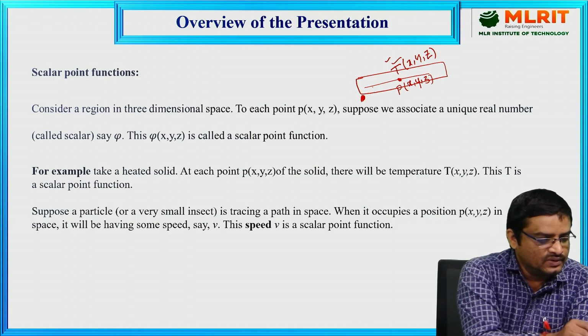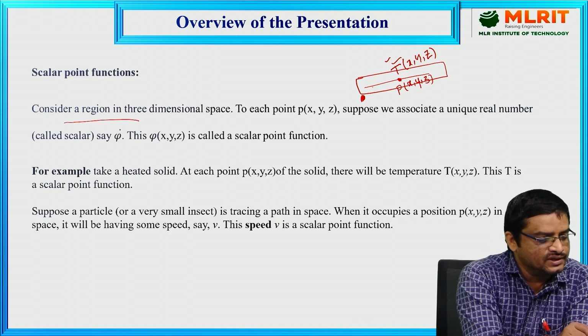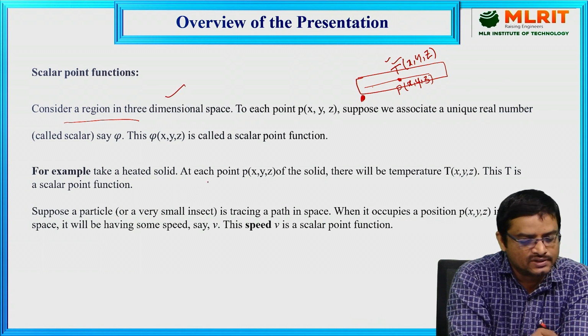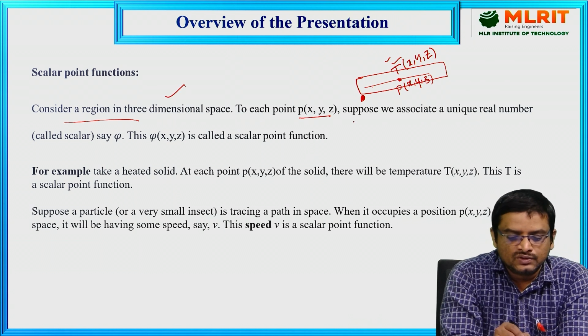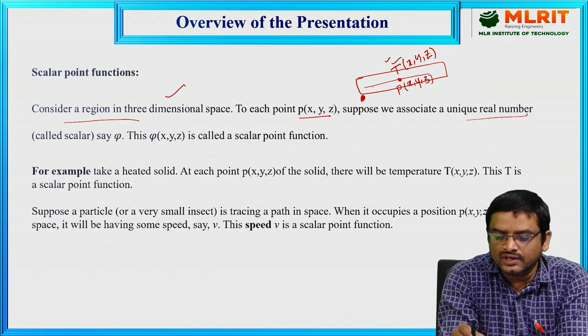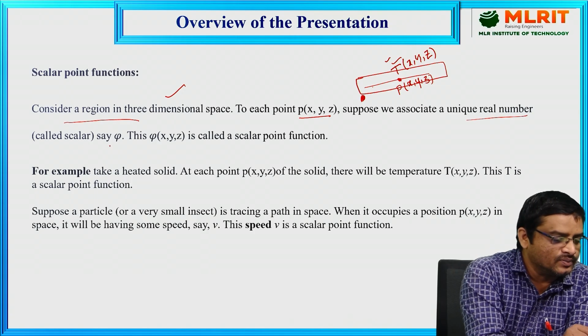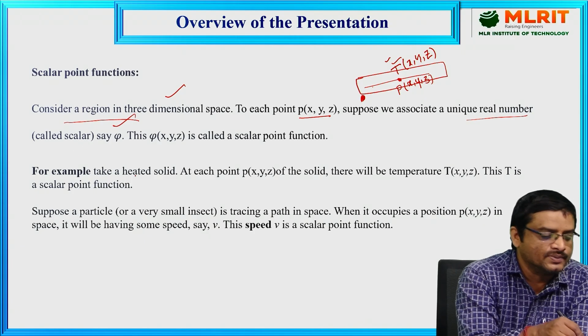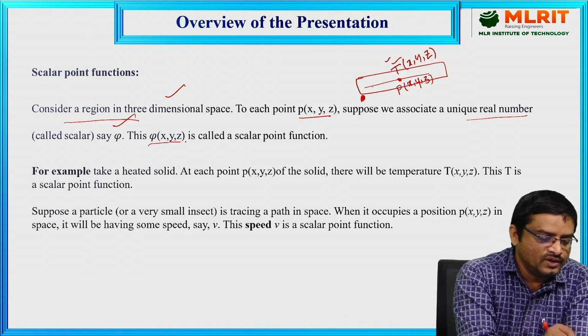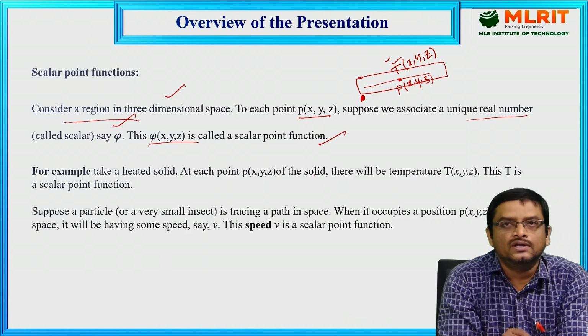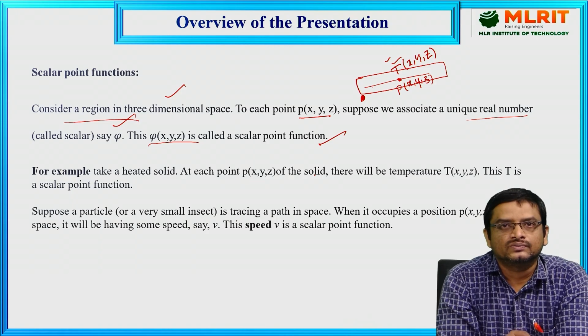So if you consider the definition here, consider the three-dimensional space. At each point P of x comma y comma z, suppose we associate a unique real number, called a scalar, which is represented with phi of x comma y comma z. So this phi of x comma y comma z we can call a scalar point function.